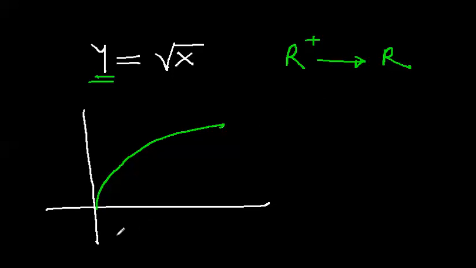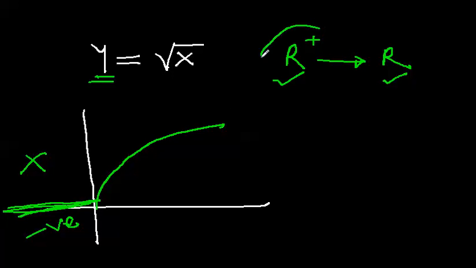If you observe the graph, it's only defined for positive values. What if you take x equal to minus something? In this region of our coordinate system, where we take negative values, this curve is not there. So it is not defined in this region. This is the domain. This is the range. The function is only defined for positive real numbers, so we write it as R positive.